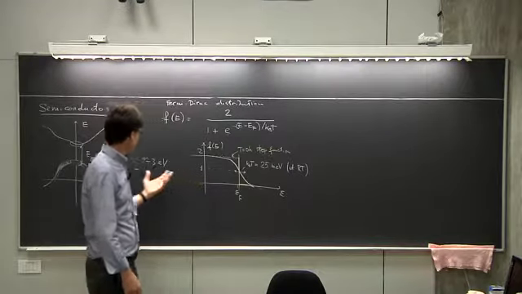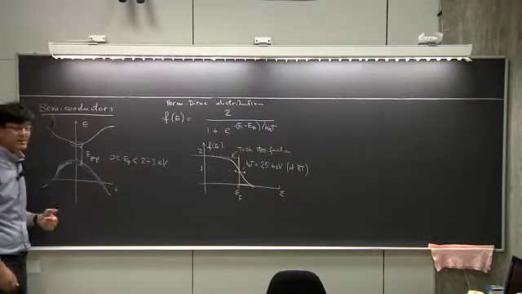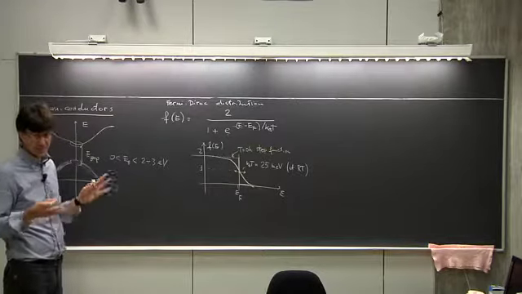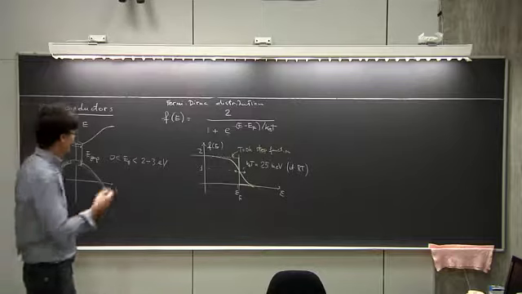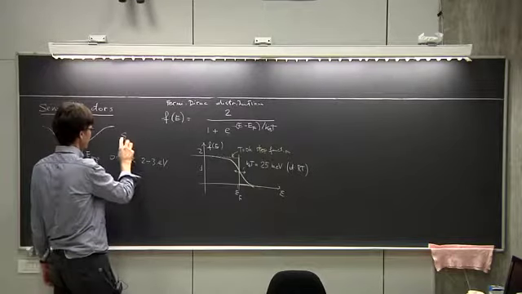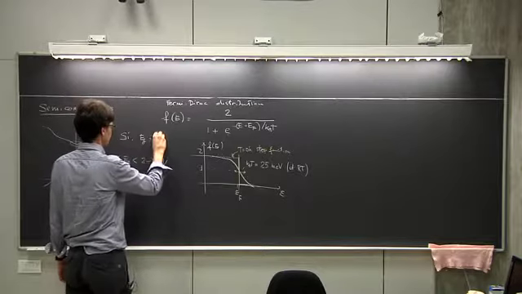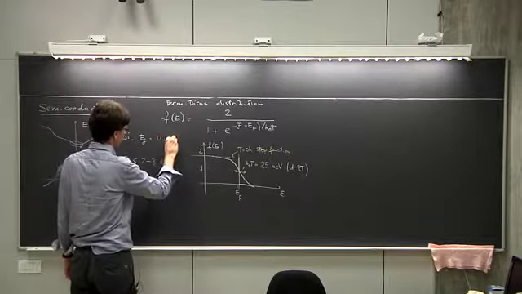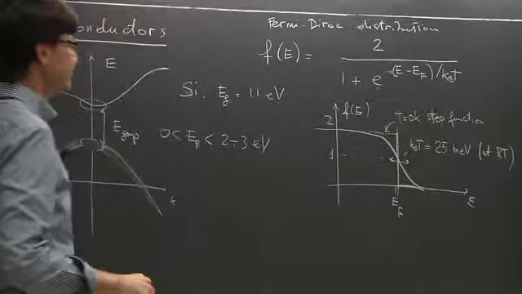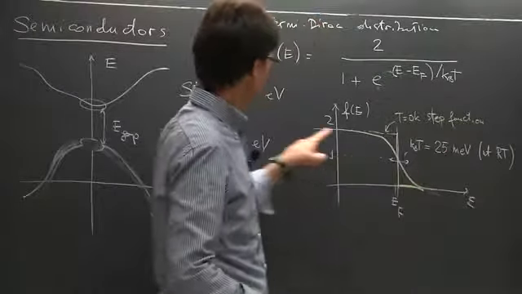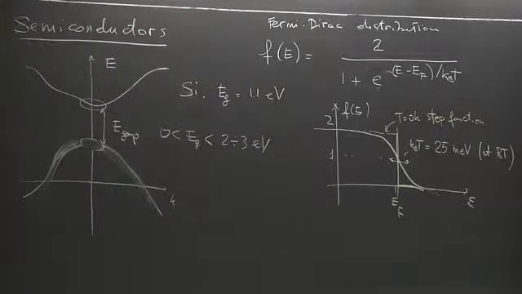The typical case is that the semiconductor has an energy gap of, take silicon, for example. Silicon has an energy gap of roughly 1 electron volt. So just to give you an example, if you take silicon, the energy gap is equal to, well, 1.1 electron volts. So clearly, 25 milli-electron volts with respect to 1 electron volt is much smaller.